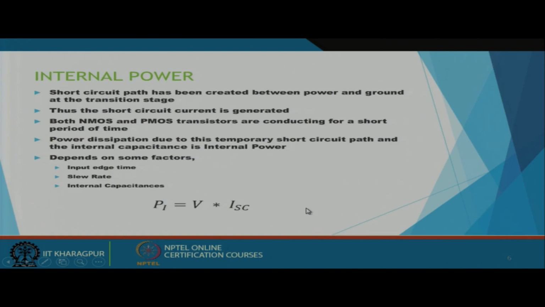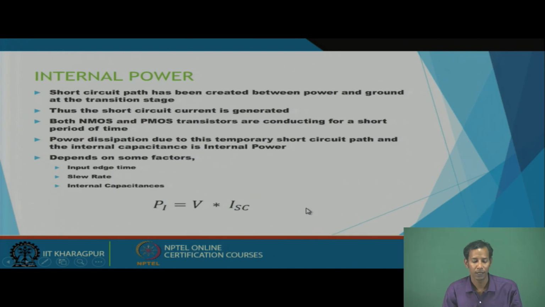Then the internal power is the short circuit path which is created between the power and the ground at the transition stage. Thus, the short circuit current is generated, and because of this short circuit current, both the NMOS and PMOS transistors are conducting for a short period of time, which consumes power dissipation due to this temporary short circuit path.